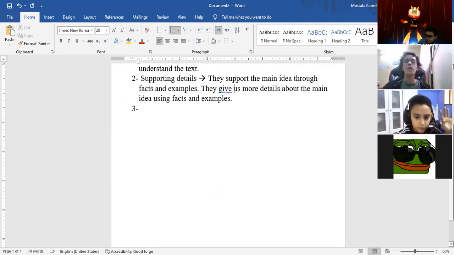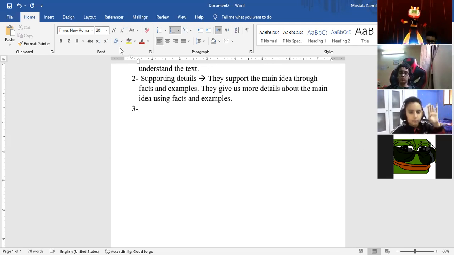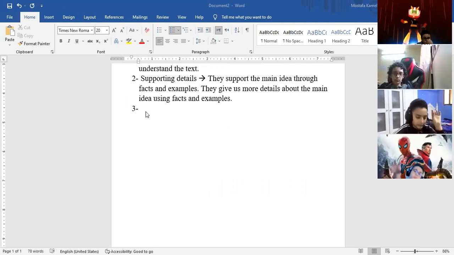The third one, I need Adam. Yes, Master. The third element is what? Main idea. Very good. What does it do?